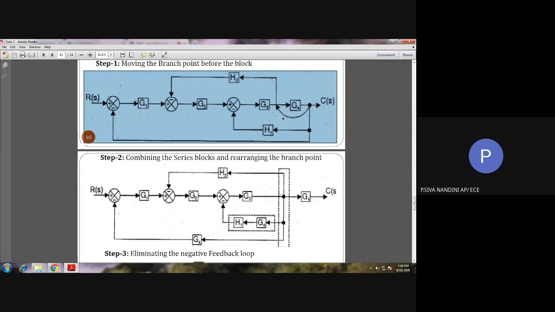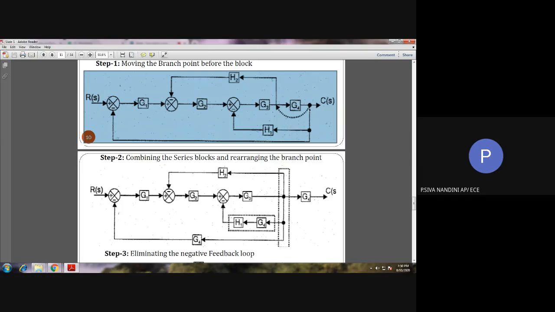So as per the rule which we have studied in the previous class, moving a branch point before a block, here we are going to move it before the block G4. So for doing so, what we have to do? We have to include that block in the path of the branch point.